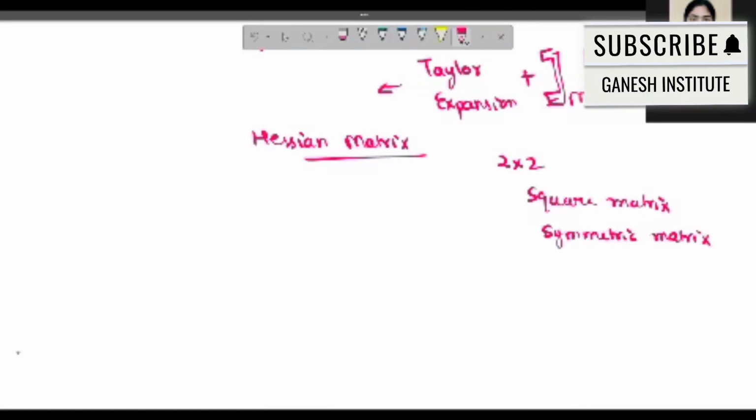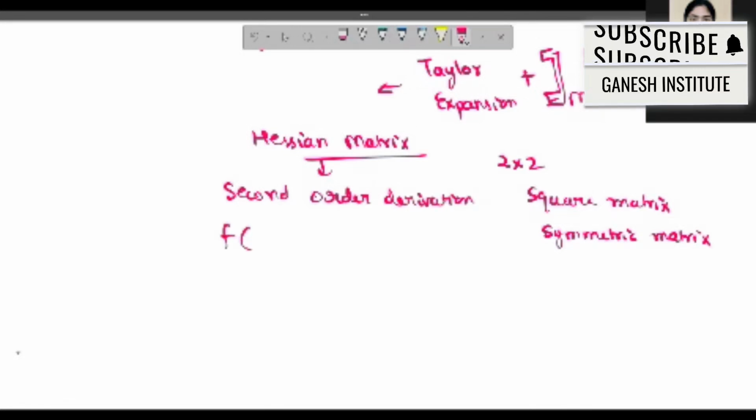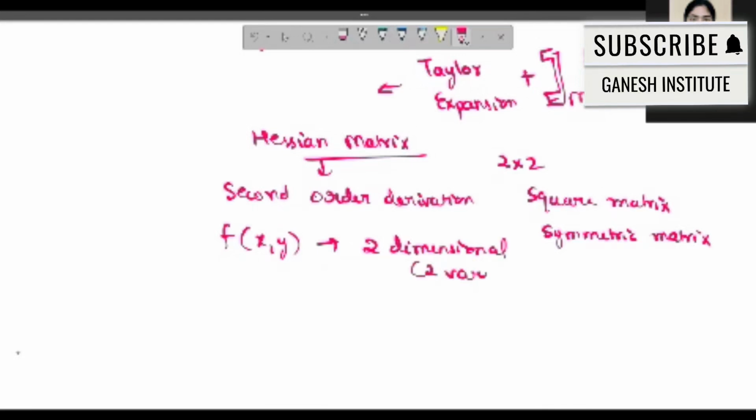The only difference is it has second order derivatives of a function, and that function has to be in two variables. So it is two-dimensional. We are right now focusing on 2 by 2 order specifically.